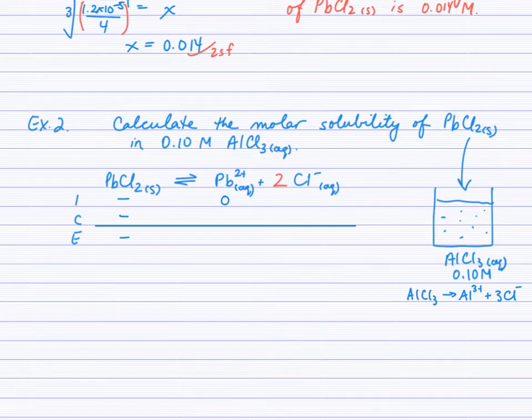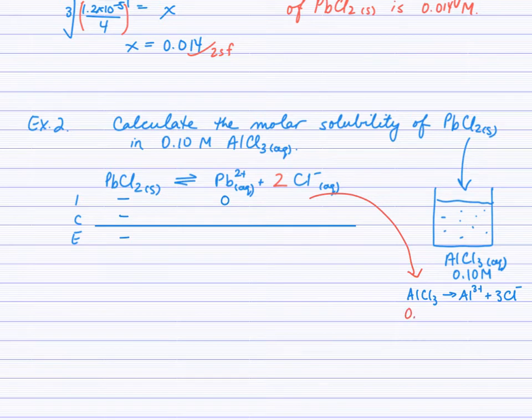Okay, so the lead(II) chloride equilibrium system is written. I set up the ICE table, blank the solids. Now there's no lead ions in the solution to begin with, but certainly there are chloride ions. And so to figure out the initial concentration of the chloride ions, I need to consider the solution of aluminum chloride.